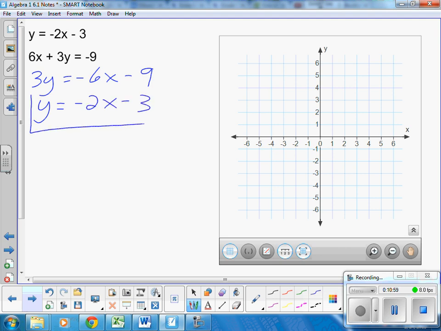Do you notice that that equation and that equation are the same? That means I'm going to have coinciding lines. Coinciding lines are lines that go over the top of each other. They're the same line. So our answer, infinite number of solutions.